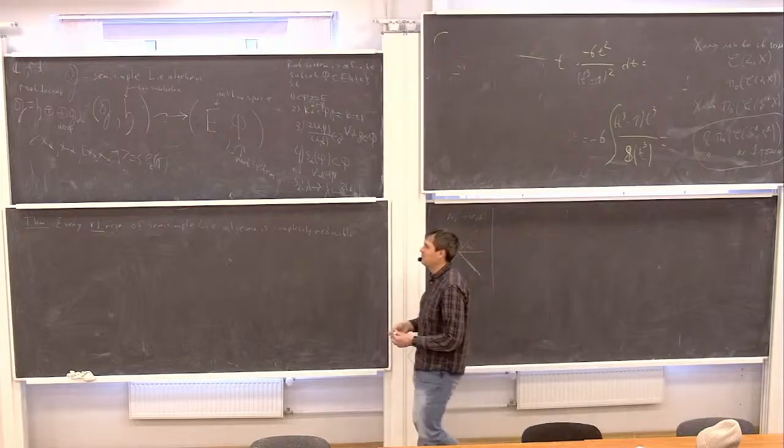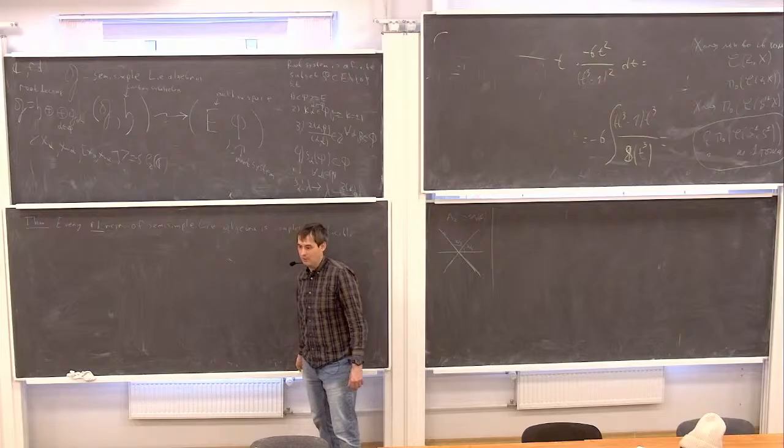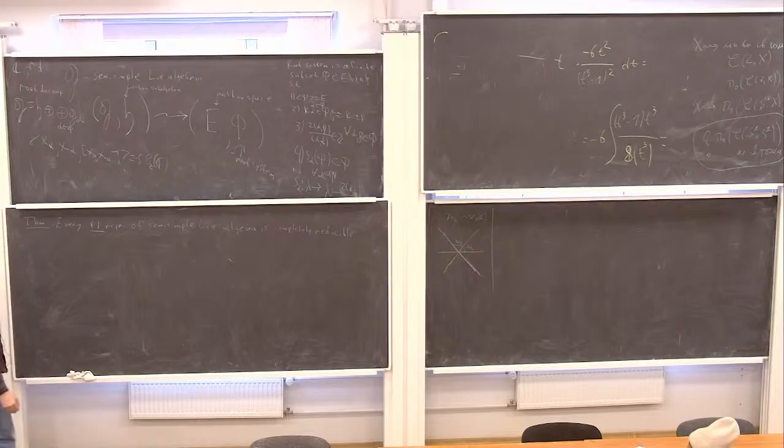For sure, there are some infinite dimensional representations. If you're interested in all representations, then there is the Krull-Schmidt theorem, which says that every representation of a Lie algebra is a direct sum of indecomposable representations in a unique way. If you consider some Verma module for SL2, it could be not reducible, but it is an indecomposable infinite dimensional representation.